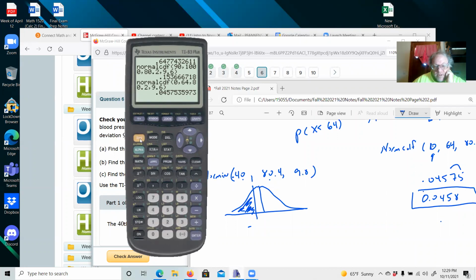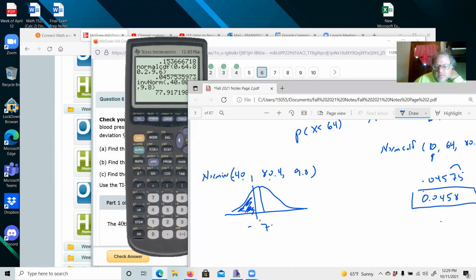Well, actually, we won't have a negative z-score, since we're finding the blood pressure value directly, but it's going to be under the average, like 70-ish or something. So we're going to use inverse norm: 0.4, comma, 80.4, comma, 9.8, and boom.